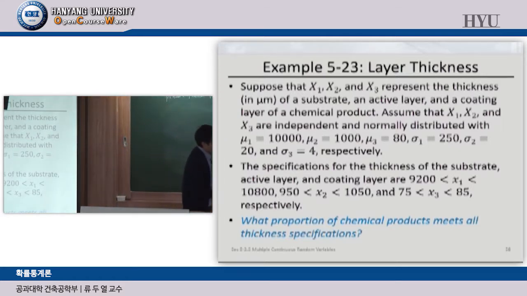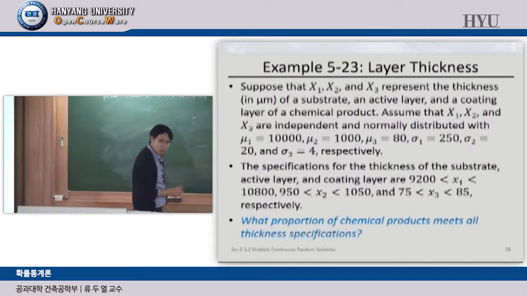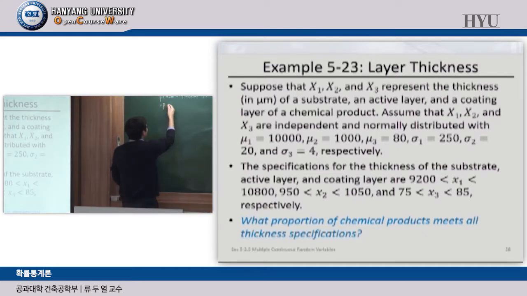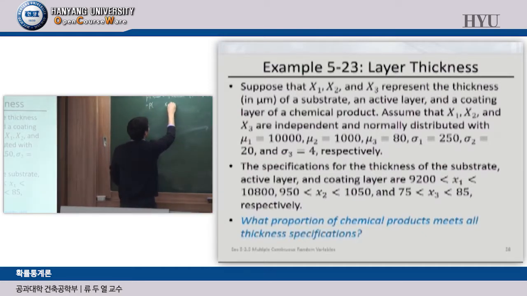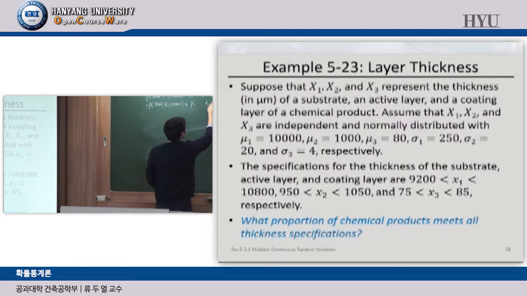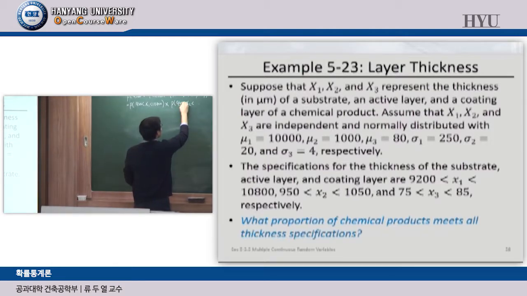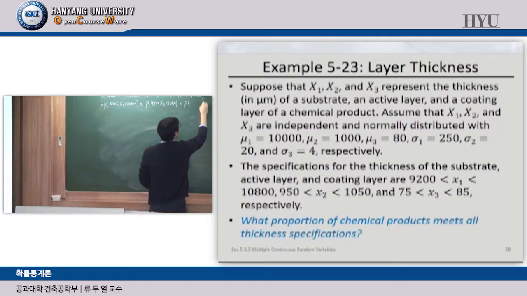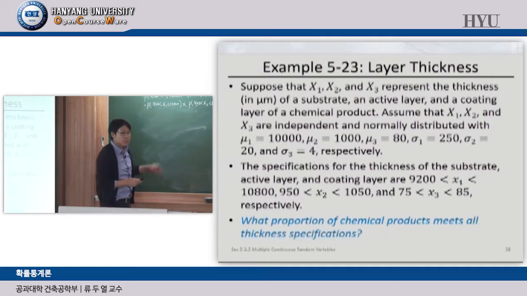And from the example, all the random variables are independent, which means that this can be changed to the multiplication of each probability. Right? Because this is the independence.